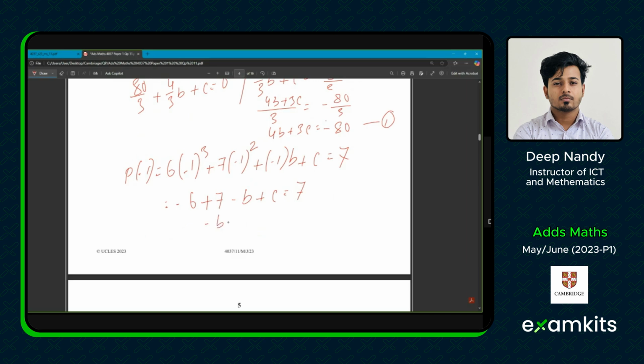That's 1 minus b plus c equals 7. This is my equation 2. From here we can derive a third equation, that is c equals 6 plus b.